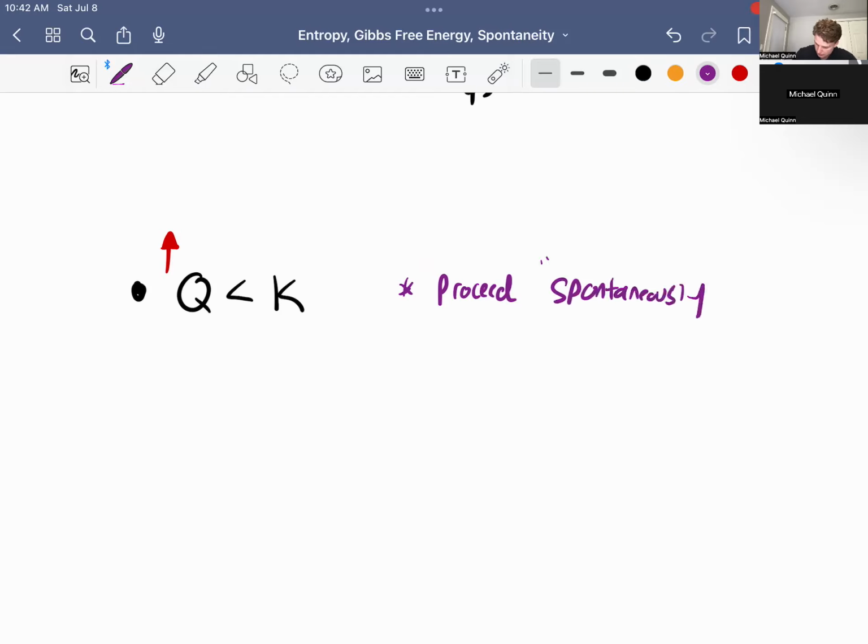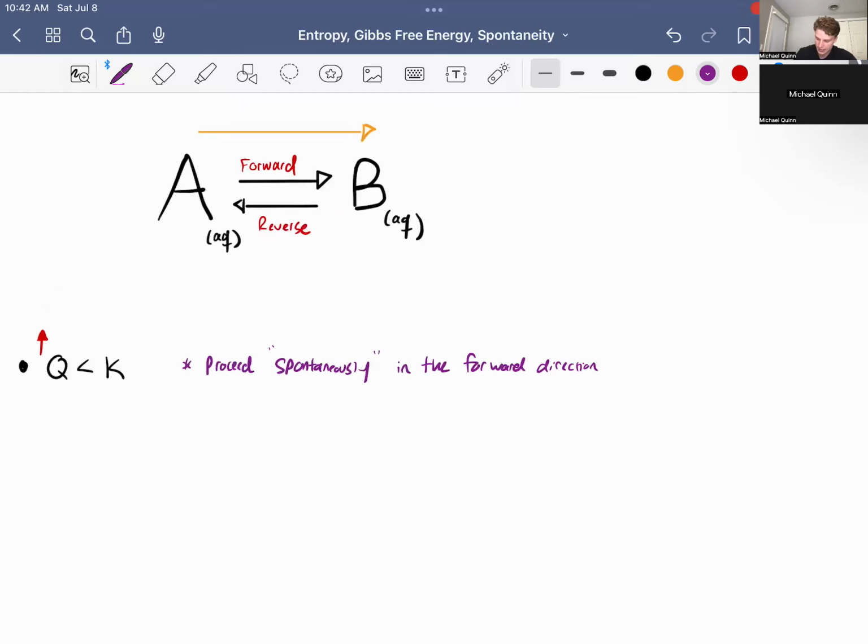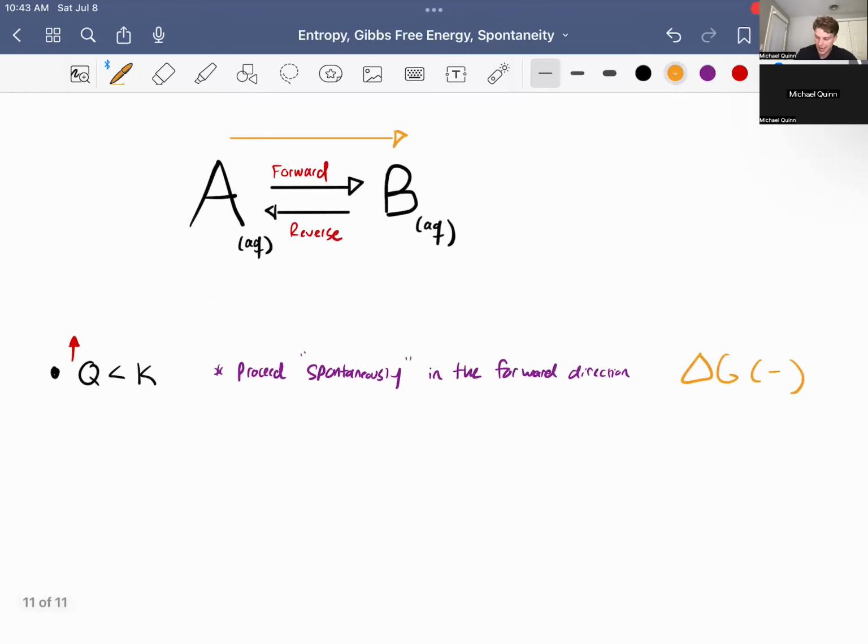Meaning, because Q is less than K, this reaction on its own, without the input of any energy, wants to proceed to the products so that it can establish equilibrium. So when Q is less than K, we can say that delta G will be negative to indicate that this is a spontaneous reaction. In the forward direction, I should add.